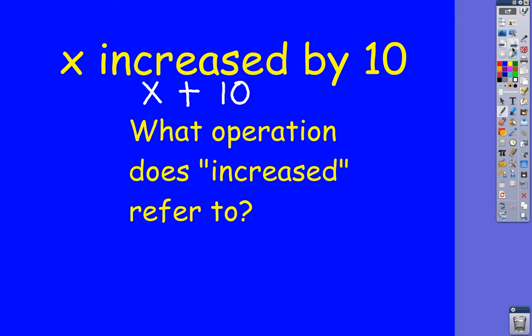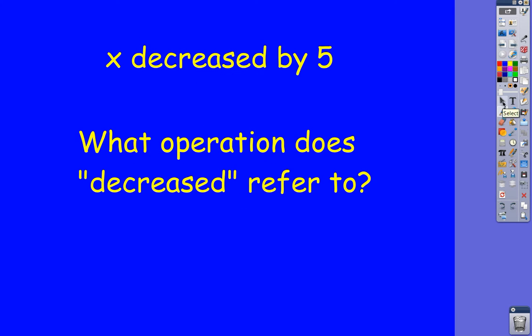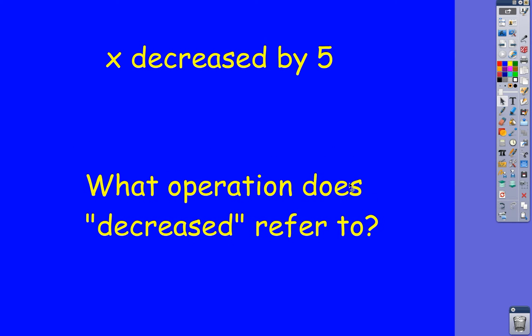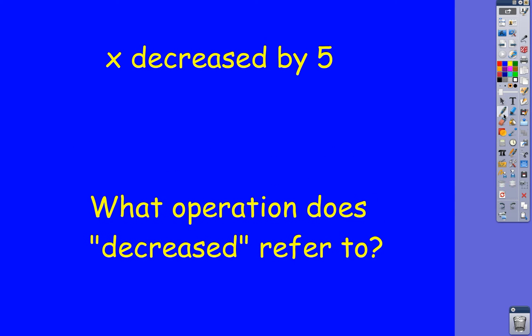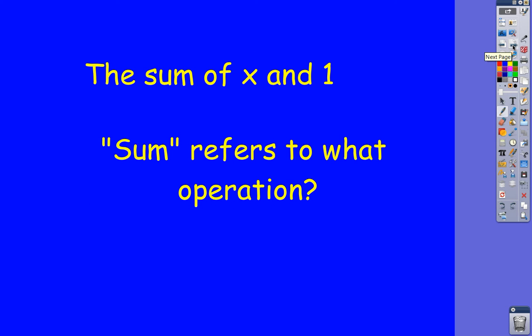Here's another example. x decreased by 5. So what I want you to think about this time is, what does decreased mean? The answer is subtract. So this phrase would be x minus 5. Okay, the next example is the sum of x and 1.